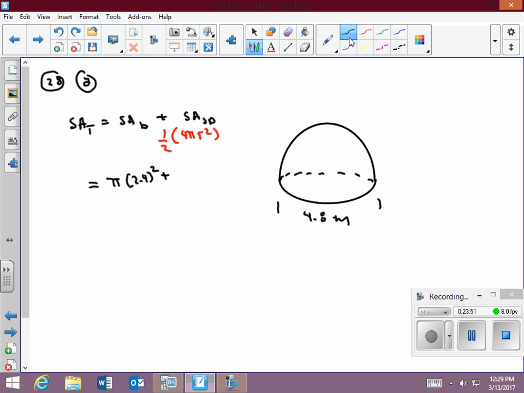So it's going to be 2 pi, and then it's 2.4 squared. So there's a pi and a 2.4 squared that comes out of there. And then there's a 1 and a 2. So this is 3 pi times 2.4 squared.